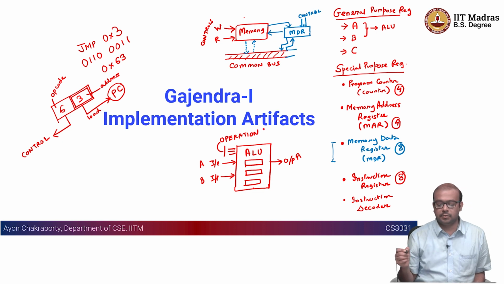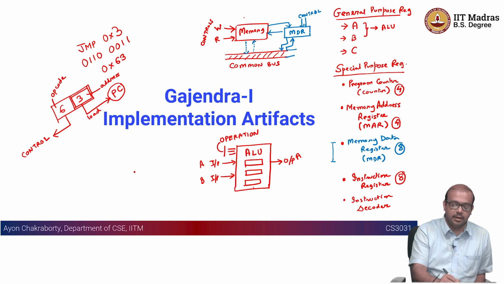So this operation is typically indicated by the instruction decoder. This is one way. Or you can directly take some bits of the instruction and say that the ALU can understand what is the instruction that has to be executed.